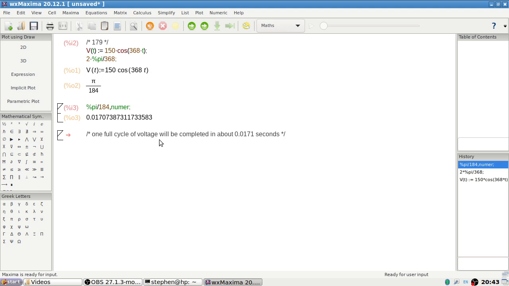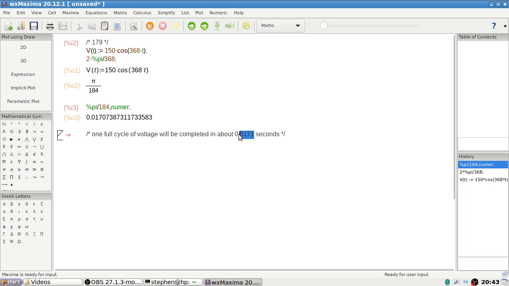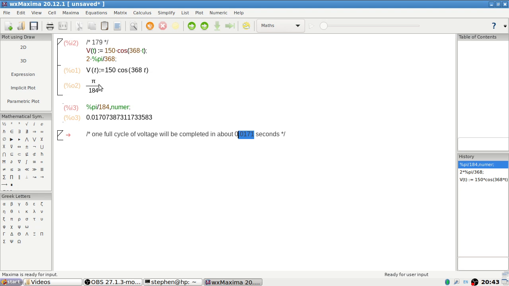Yeah, okay. Repeats every. They didn't round it this time. They kept it as pi over 184. Yeah, that's fine. Okay. And interpret its meaning, right? Determine the number of periods that occur when 1 second has passed.